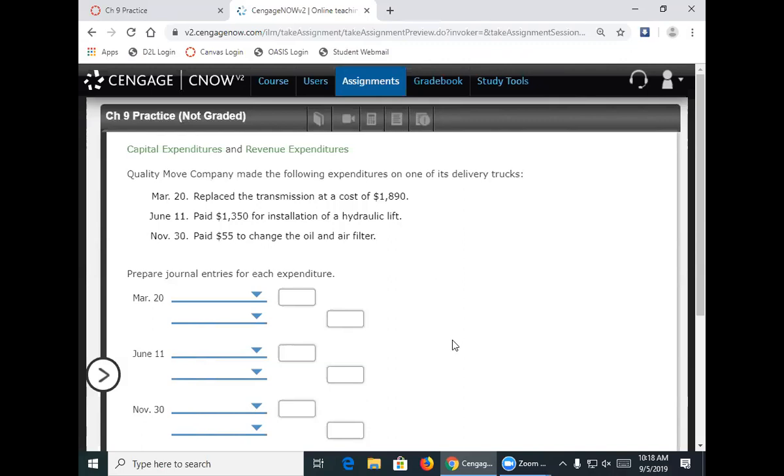Like a whole new engine. A whole new engine is going to add to the value and the life of that. So if something breaks that's not ordinary wear and tear, it'll be a capital expenditure. Yeah, that's a big capital expenditure.